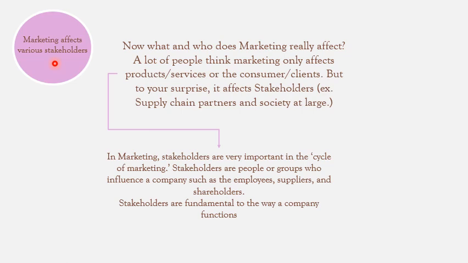These are a pillar that keeps marketing going. Stakeholders are people or groups who influence a company, such as the employees, the suppliers, the shareholders. Stakeholders are fundamental to the way a company functions. You must have stakeholders to have a running company in any sort of way.